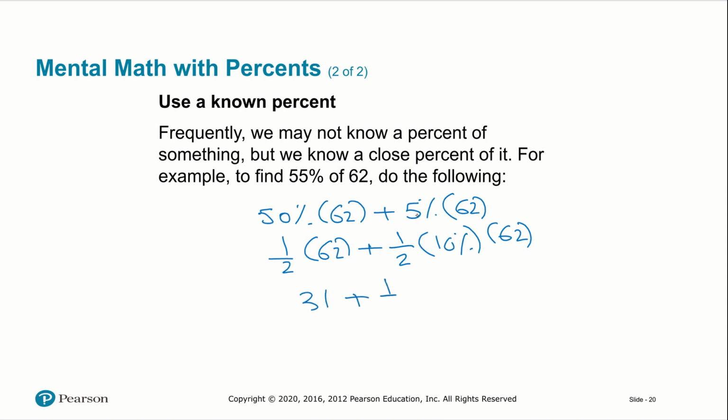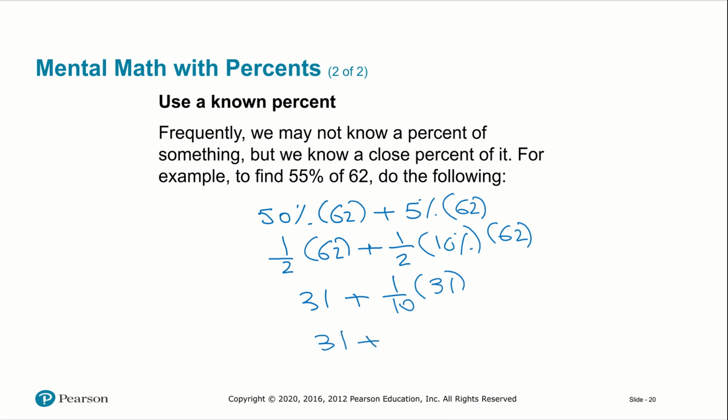So that's 1/2 of 60. Now, notice I can use compatible fractions. I know a half times 62, that's easy, that's 31. And I know 10% is 1/10. So here I'm looking at 1/10 of 31, which is easy, of course, because that's 3.1.